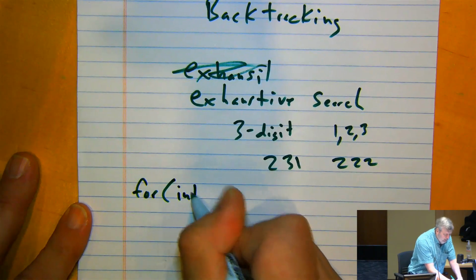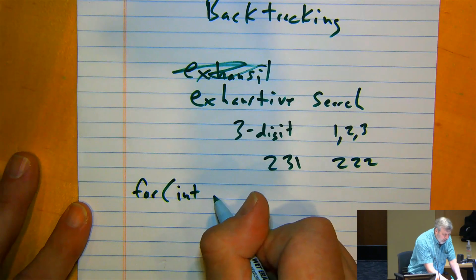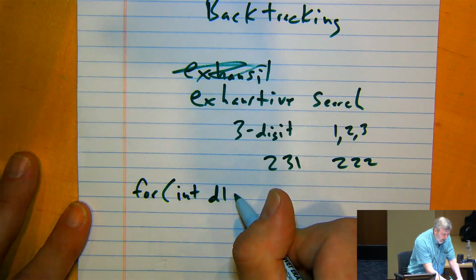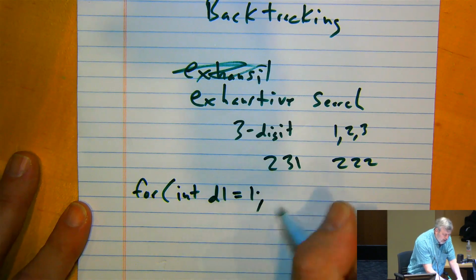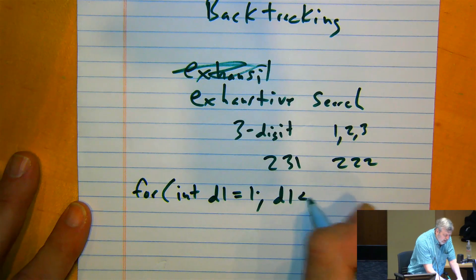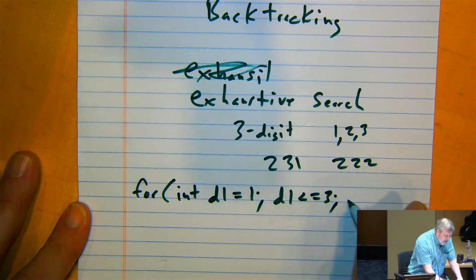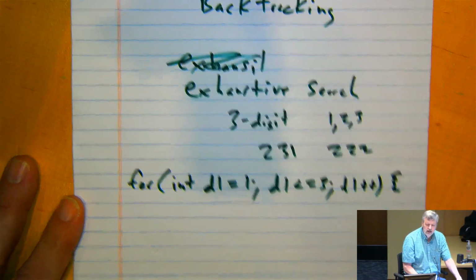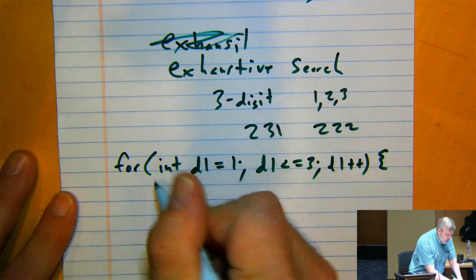So I could have a for loop that works with a variable d1 for digit 1, where we start at 1 and say d1 less than or equal to 3, d1 plus plus. That gives us all of the different possibilities for digit 1.